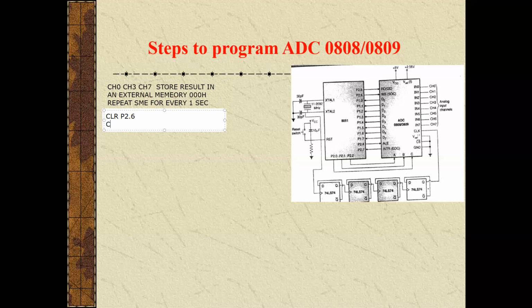Then we clear P2.4, which makes ALE low. Then we move port 0, comma hash FFH.